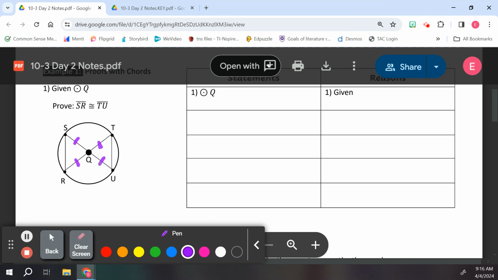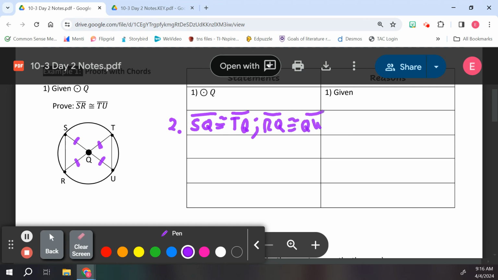But we don't want to write it down that way, only because we have to have things separate for separate triangles, right? So you can state for part 2 that's, let's say, SQ is congruent to TQ, and you would state that maybe RQ is congruent to QU.